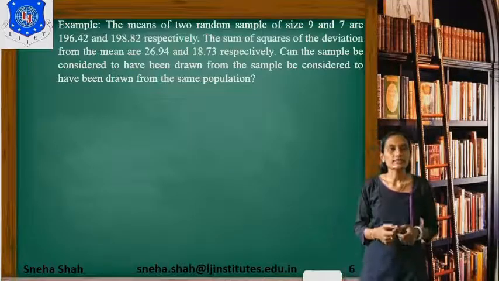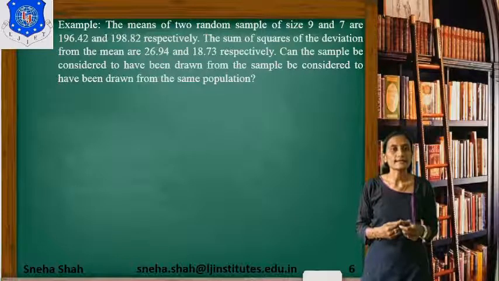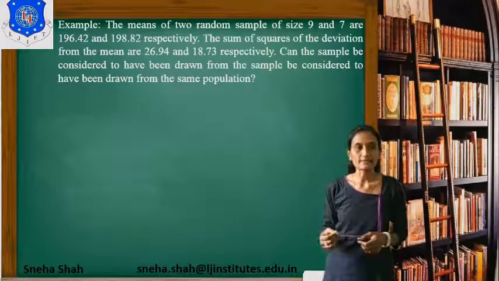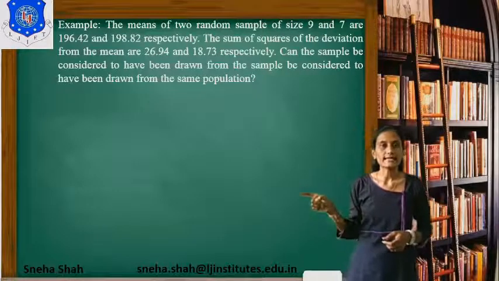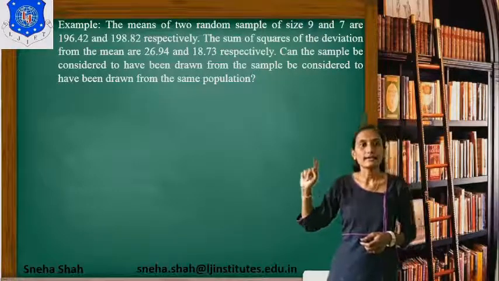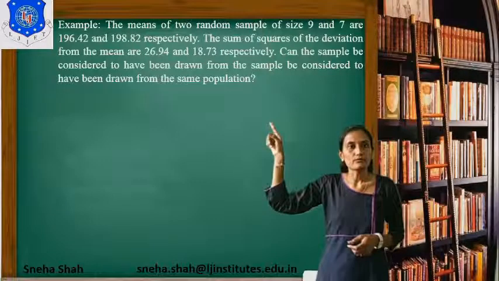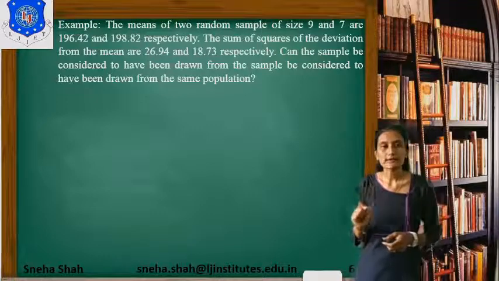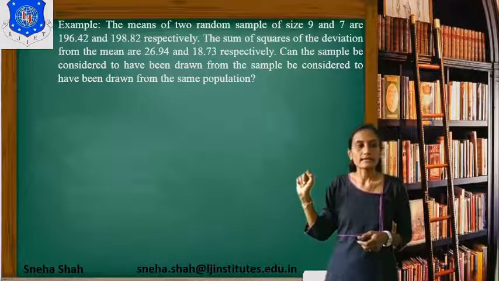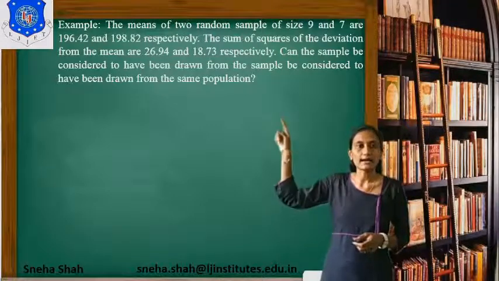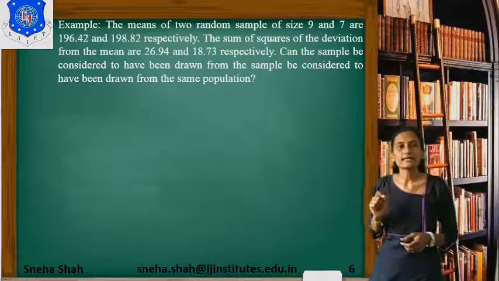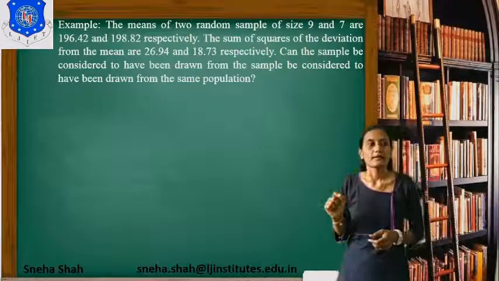Now if we take an example based on this, the example is like this. The means of two random samples of size 9 and 7 are 196.42 and 198.82 respectively. The sums of squares of the deviations from the mean are 26.94 and 18.73 respectively.